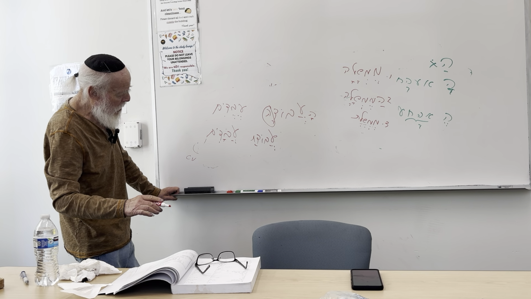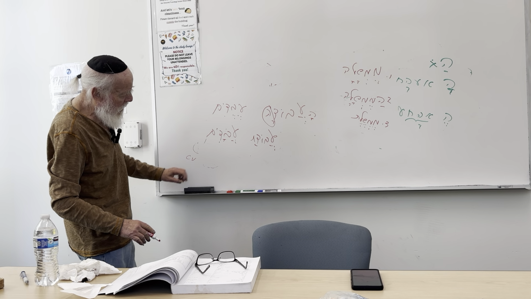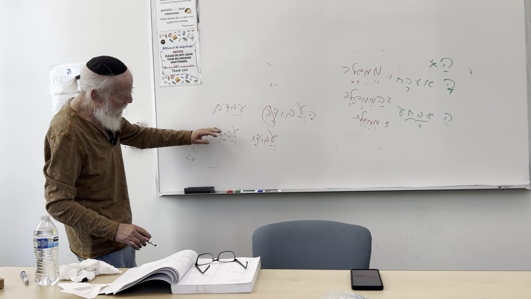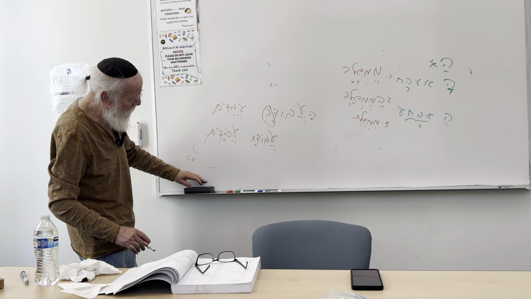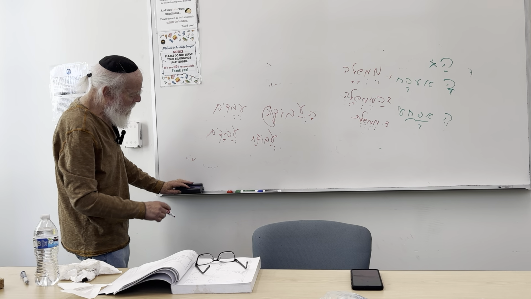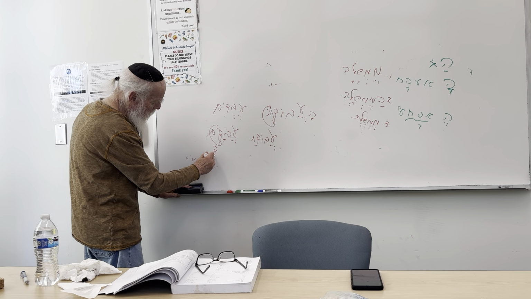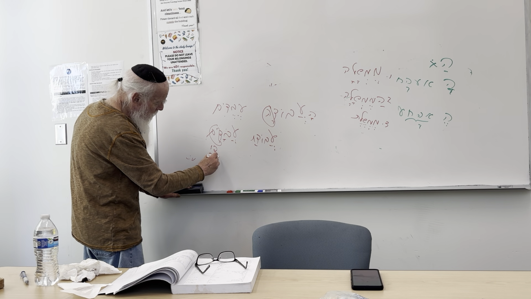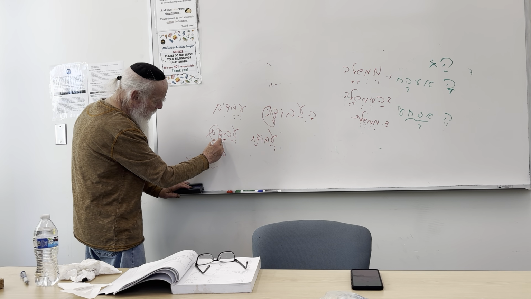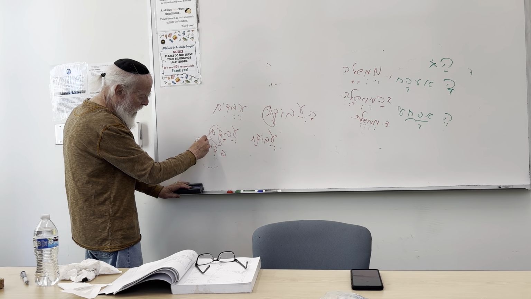Let me just play with this now. Avadim is the plural of the word eved. Now, what about slaves of? Watch what happens. The chirik mem becomes a long tzere. The kamatz is now several places removed from the accent.